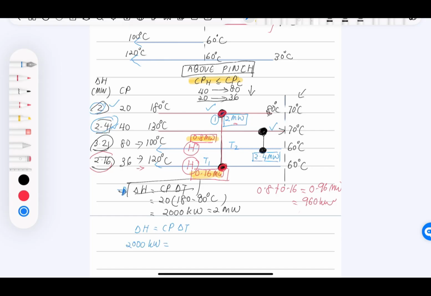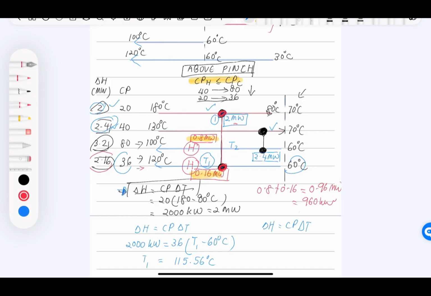Because we want to know the temperature here, we take the Cp value of 36, and delta T is T1 minus 60 degrees C. So you get your T1 equal to 115.56 degrees C.